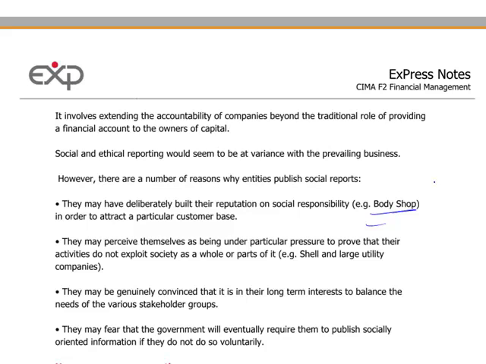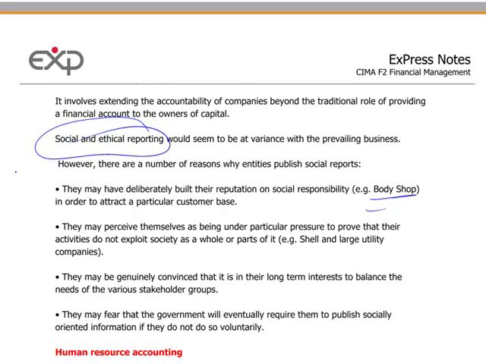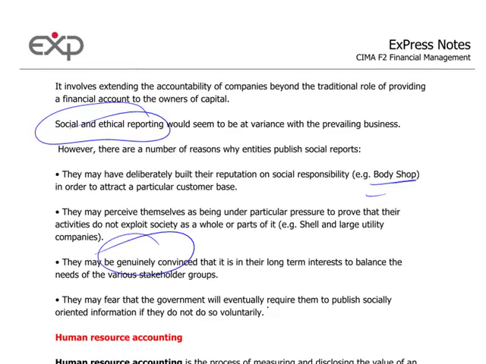And with social and ethical reporting, there will be arguments from companies. Look, we are creating millions of employment jobs. Why do we have to invest in social or so-called ethical reports? We do a lot for society just by setting up those employment positions and giving people a better life. So some people would say that, and some people will genuinely be convinced that in the long term, the success of their business is reliant on how social and ethical they are.